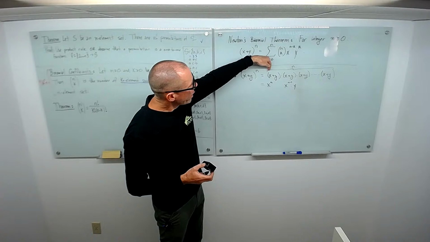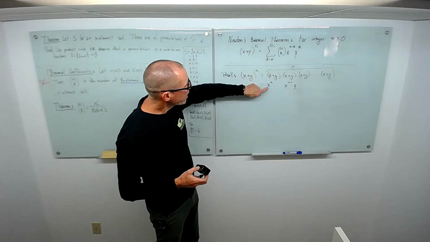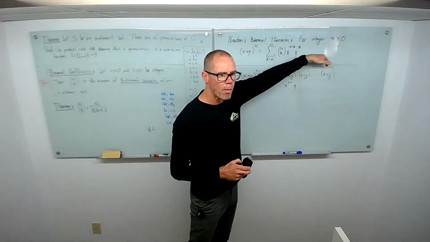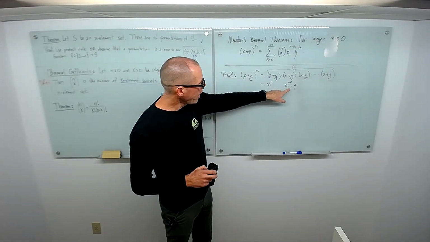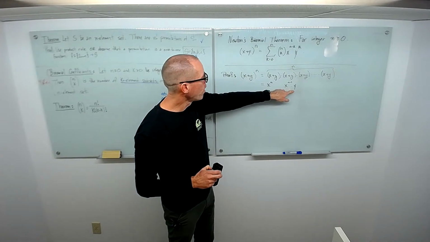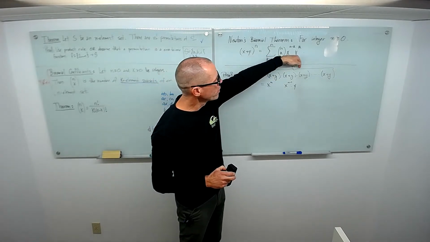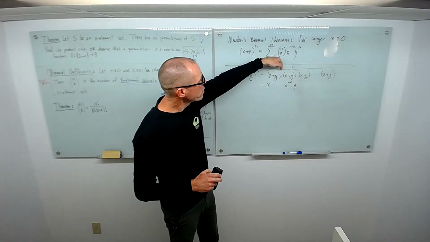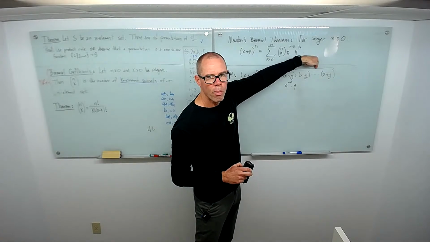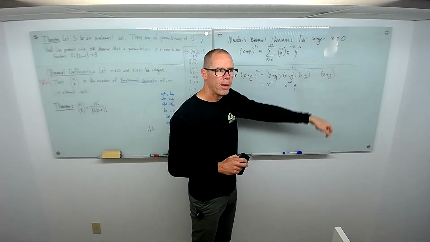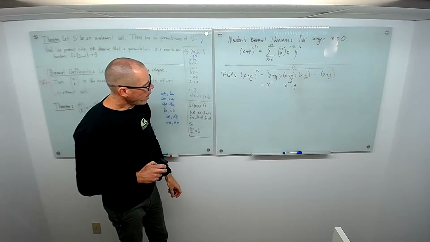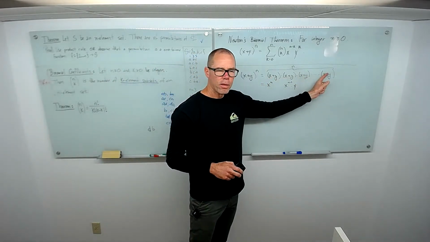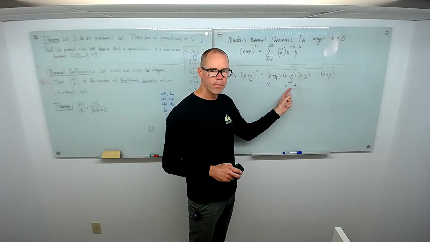Now, the number of ways that I can get x to the n here, there's only one way. I have to choose x every single time. But how many ways are there for me to get x to the n minus 1 times y? Well, I can choose x the first n minus 1 times, and then choose y. Or I can choose x the first n minus 2 times, choose y once, and then choose x again. In particular, each time I choose y exactly once, I will get this term again.